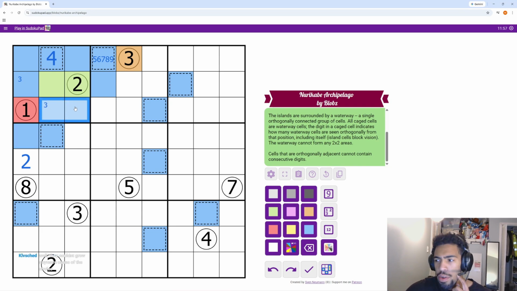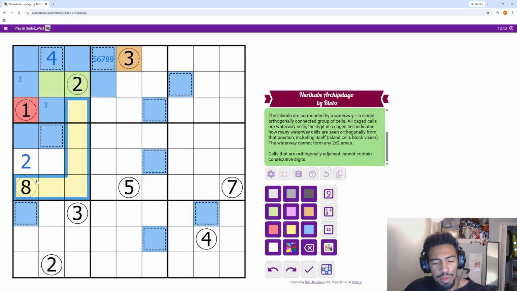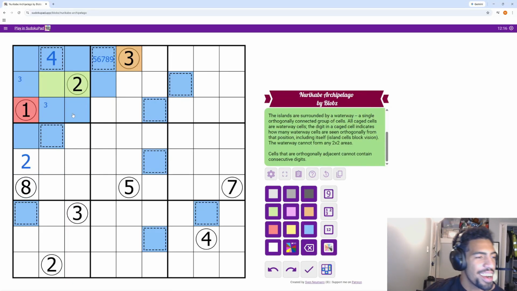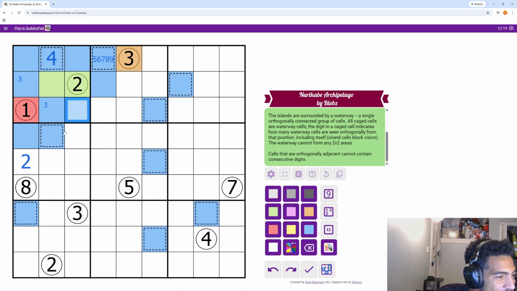Yeah, otherwise... But I'm saying, could this cell be a part of the 8? And then the 2 islands are touching. But that doesn't really make it an island. So I'm not sure.